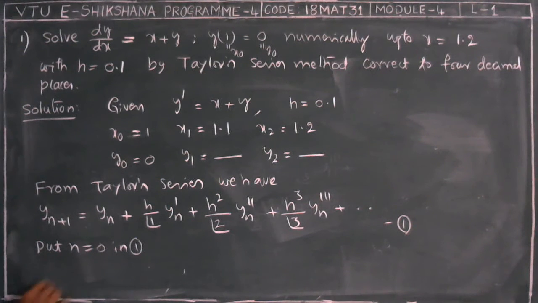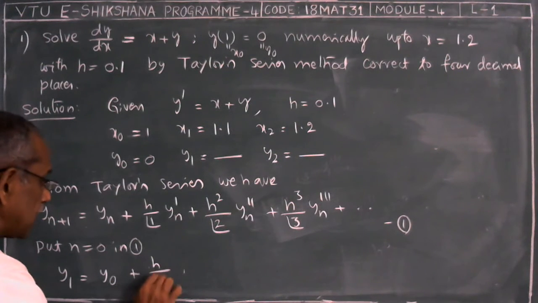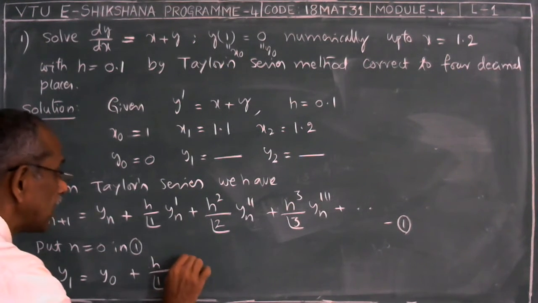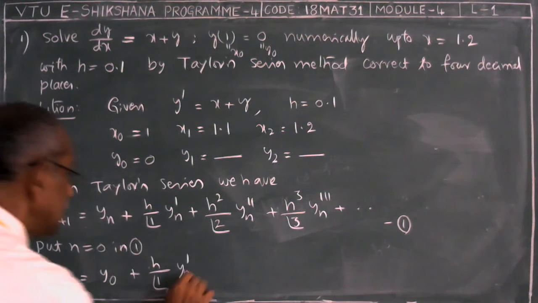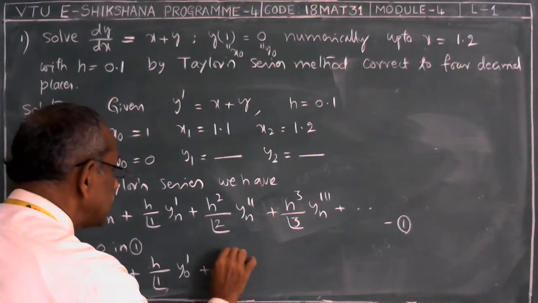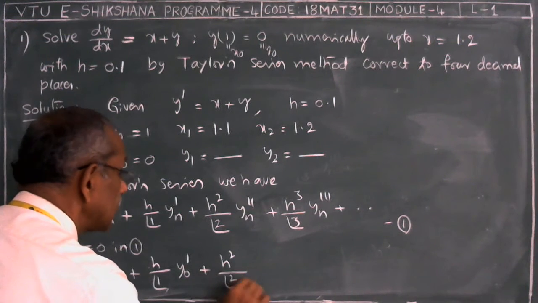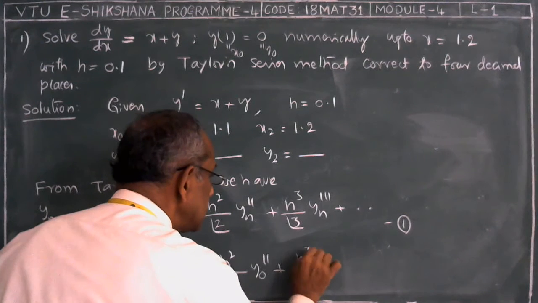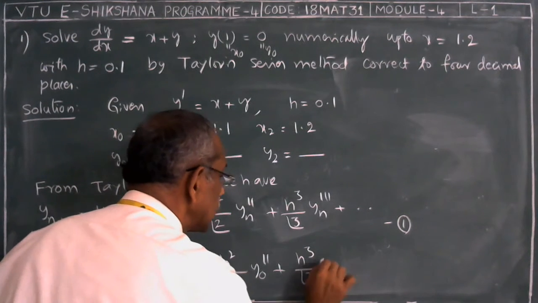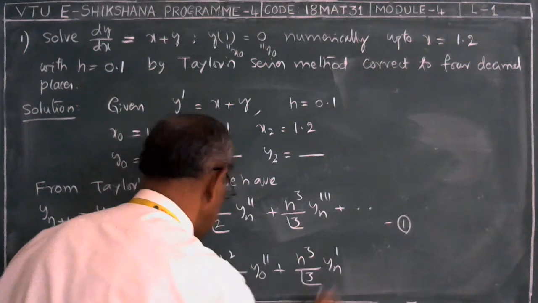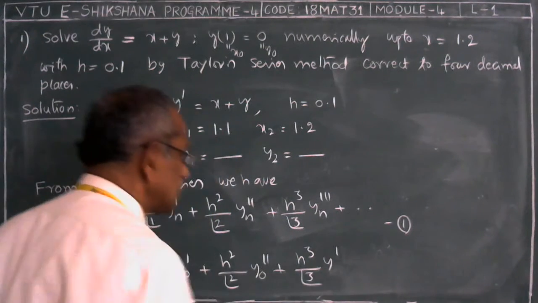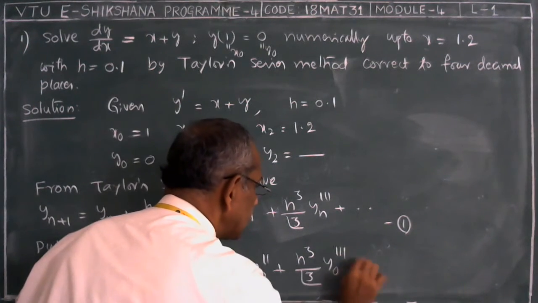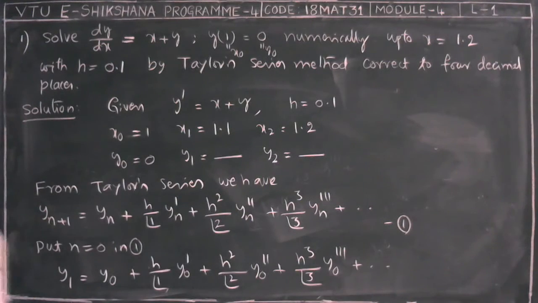So what do we get? y1 is equal to y0 plus h by factorial 1 y0 dash plus h square by factorial 2 y0 double dash plus h cube divided by factorial 3 y0 triple dash and so on. So let us just take ourselves to the third derivative and compute.